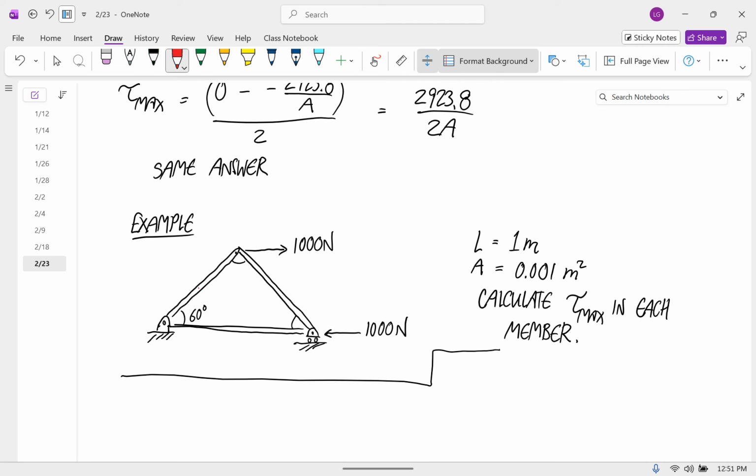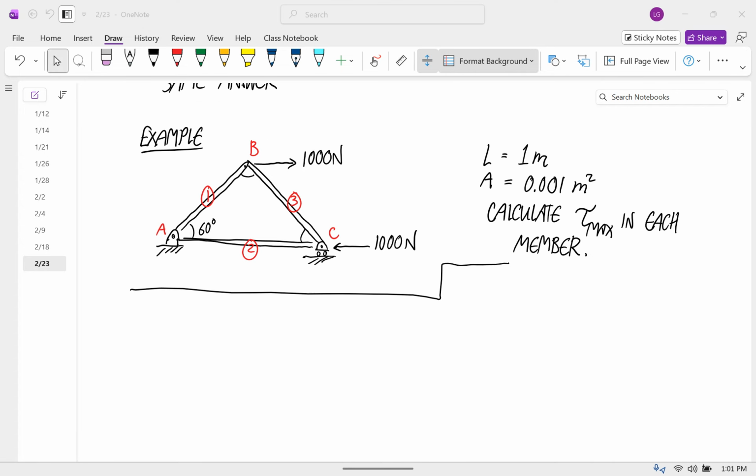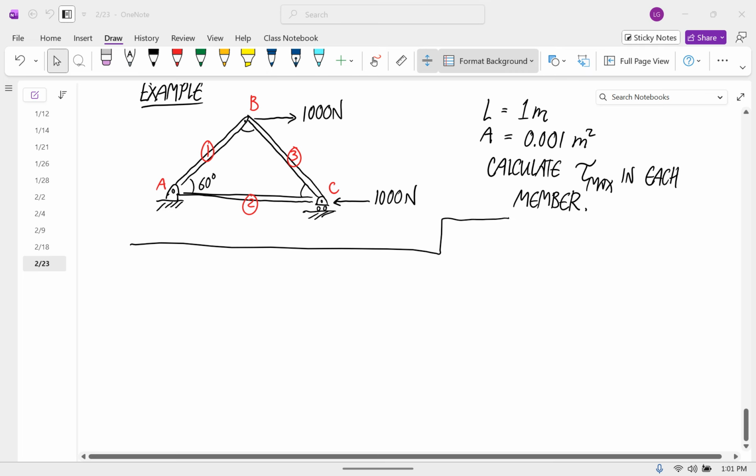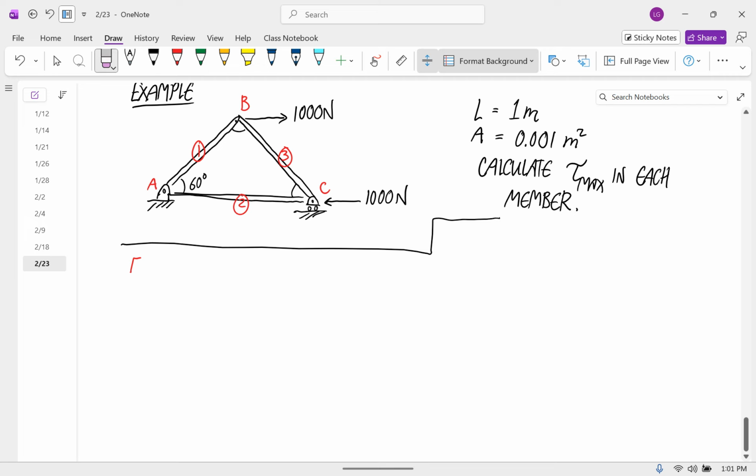And just so all our numbers look the same, let's call it 1, 2, 3, and A, B, C. Okay, see if you can work through this calculation, and then after I give you a little while, I'll go through it. So first of all, I'll go to a free body diagram of A.